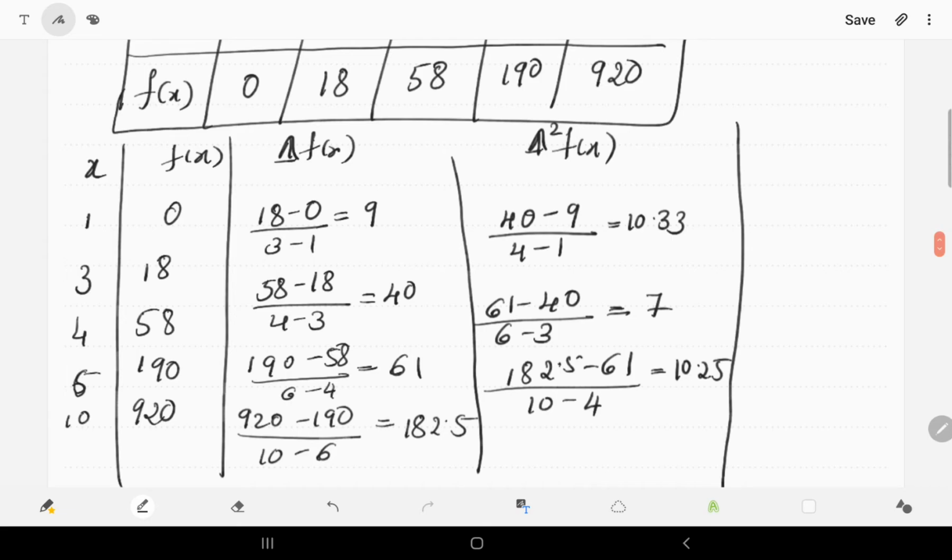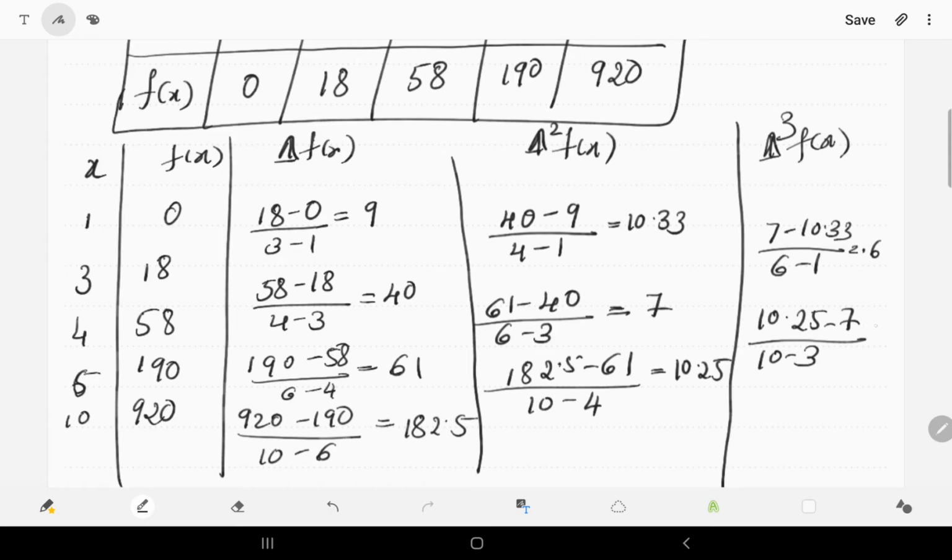The next, third order divided difference: 7 minus 10.3 divided by 6 minus 1, that is equal to 0.66. 10.25 minus 7 divided by 10 minus 3, that is equal to 0.46.